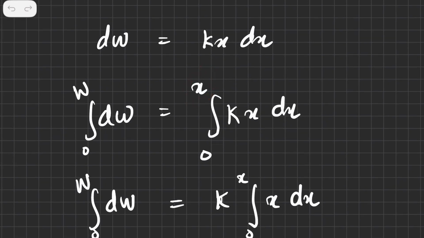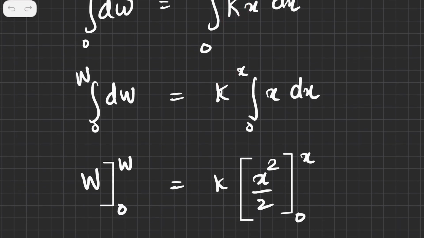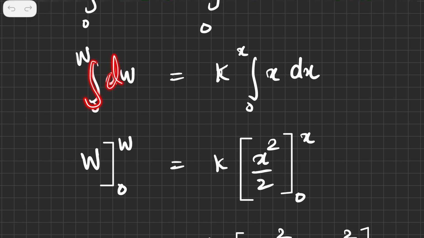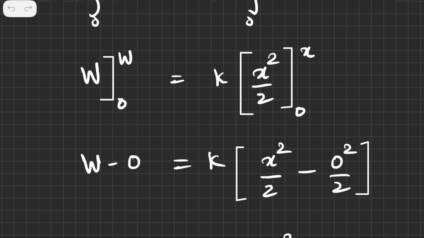Now the following is just a part of integration, so you should be knowing integration. K is a constant that is thrown outside in this equation, no change. Integration of dw becomes w, integration of x becomes x square upon 2. So basic integration you should be knowing. Whenever you integrate, the limits move to the right hand side. Then how to treat this limit?